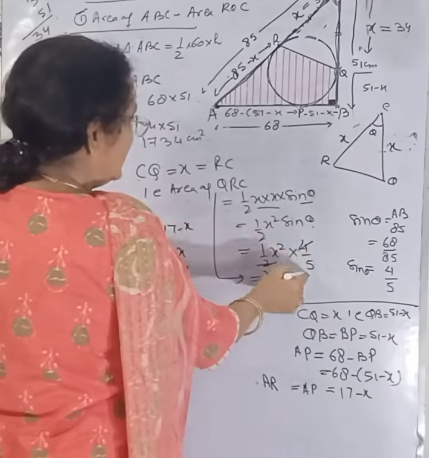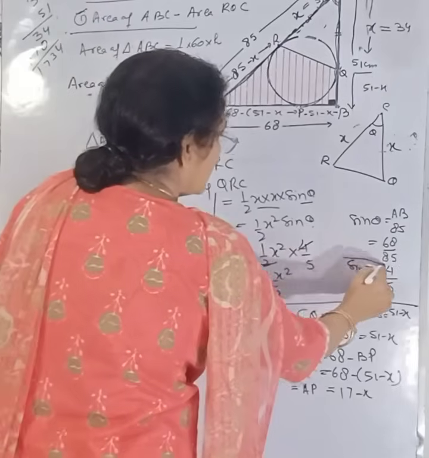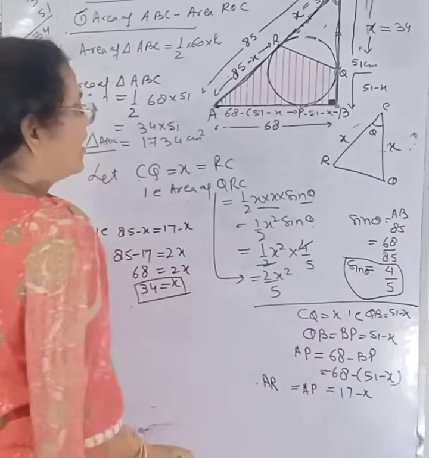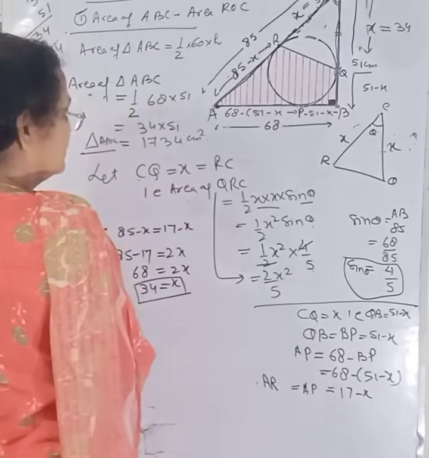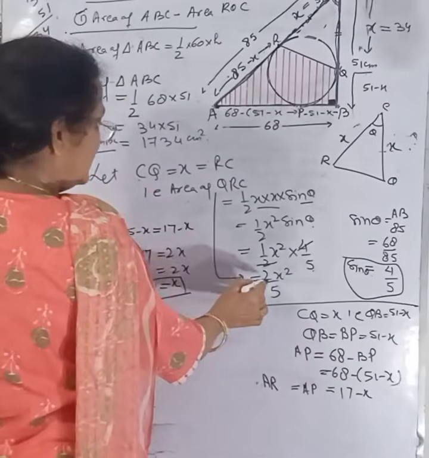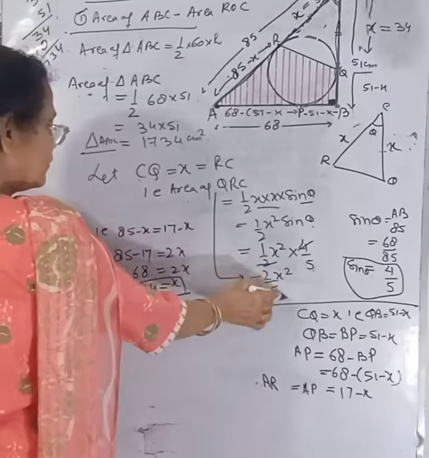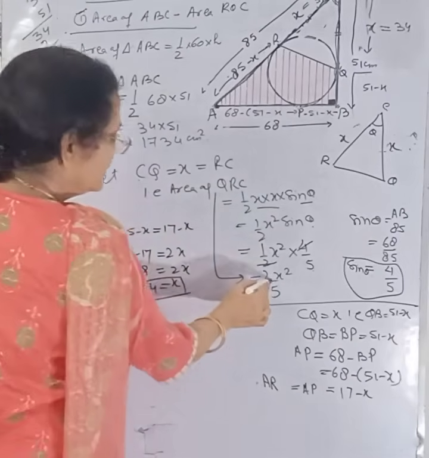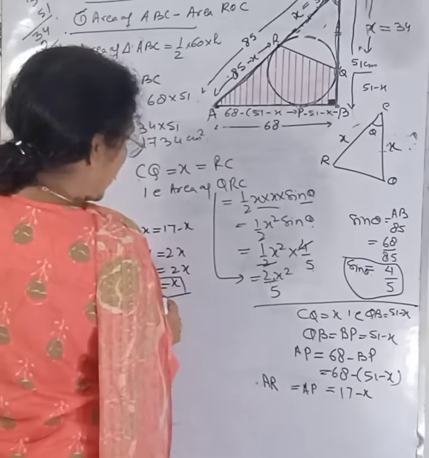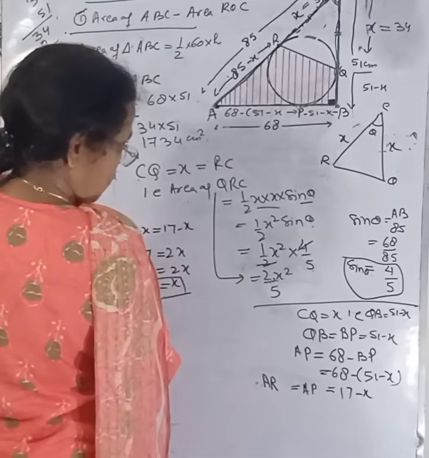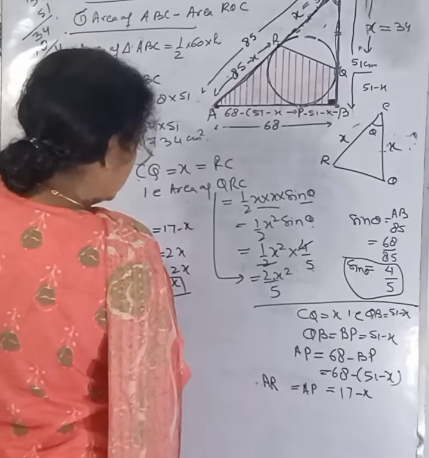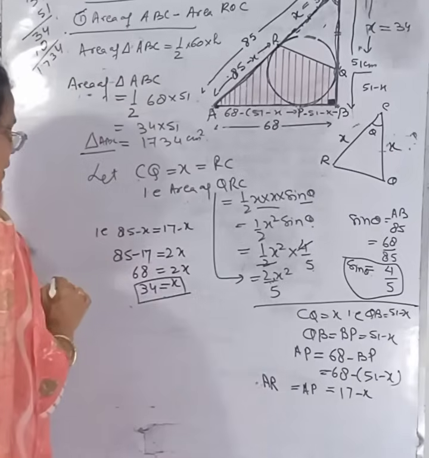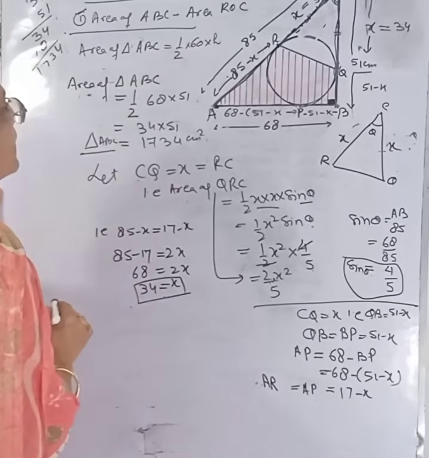Sine theta is equal to 4 by 5. It means the area of QRC will be 1 by 2 x square sine theta. Here we have to simply put the value of x is equal to 34.